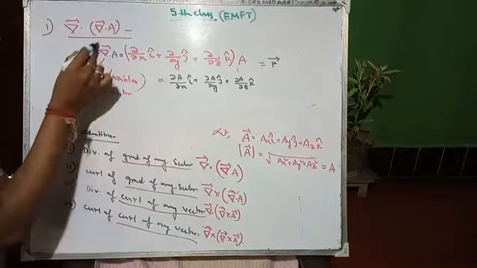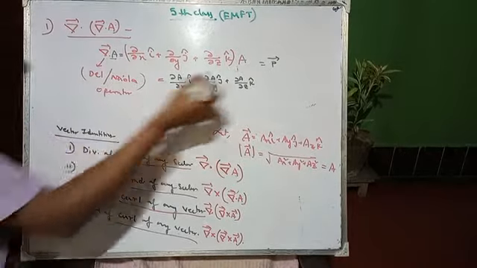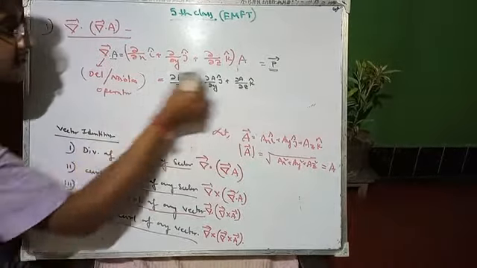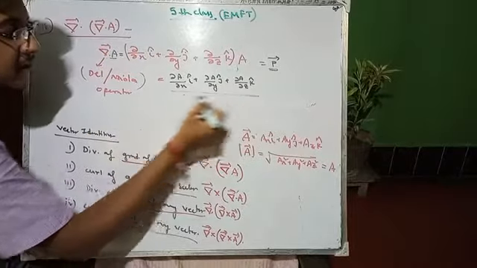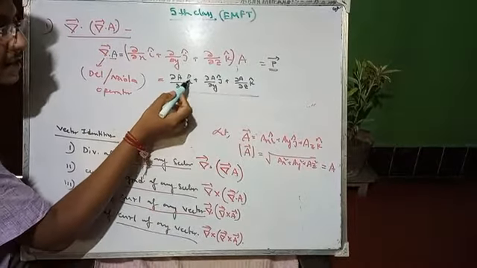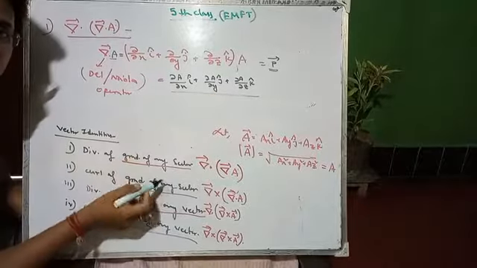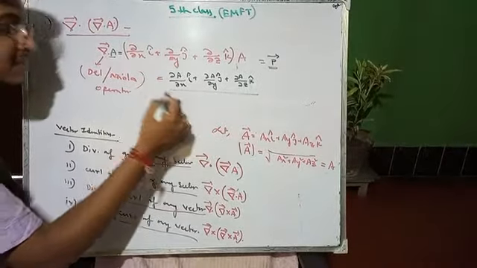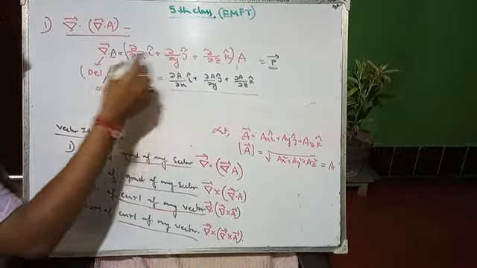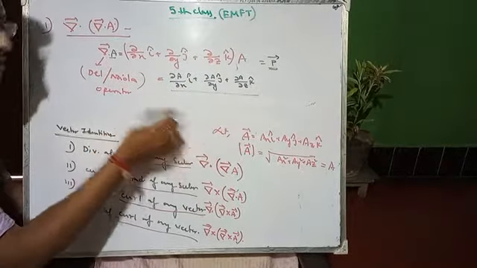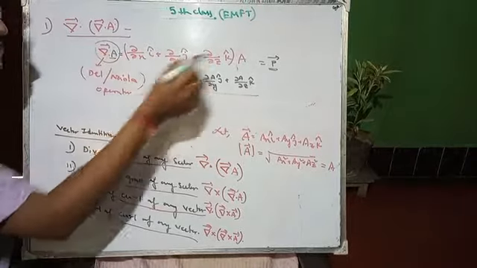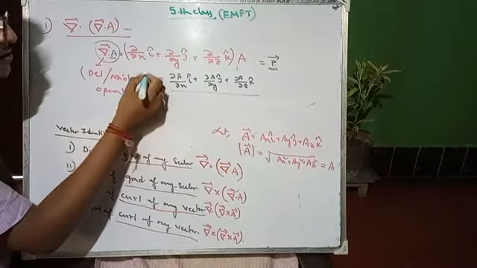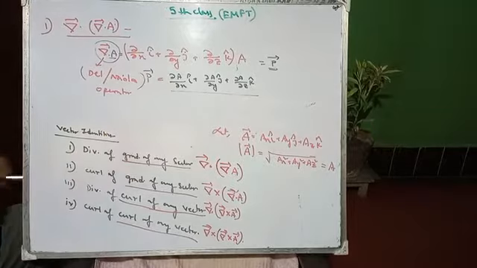Why? Because we know gradient of any scalar quantity results a vector. From here you can easily find it has some I cap, j cap and k cap, so p is taken as a vector.